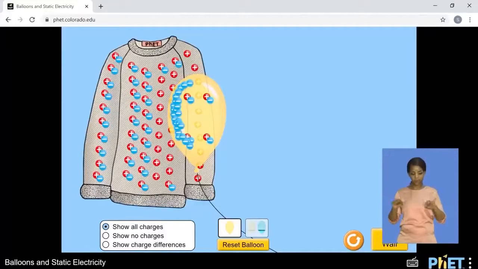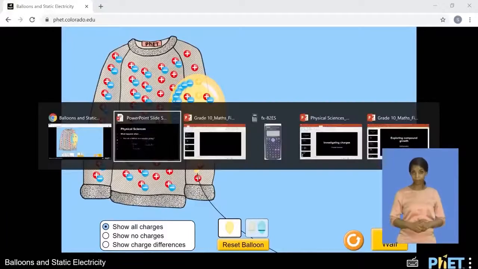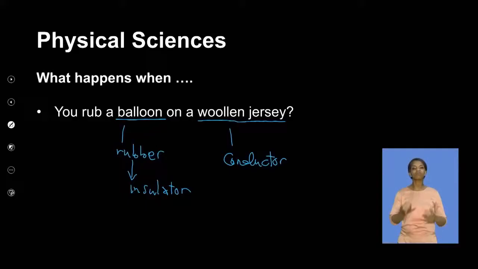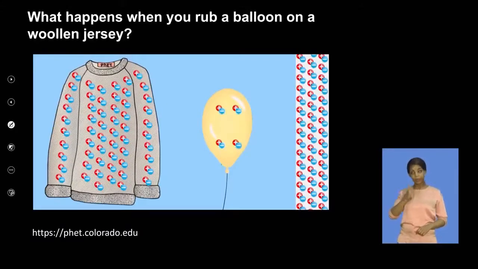Right, moving along, we would also want to look at a scenario whereby the very same balloon and jersey is between two materials. That's your wall over there, as well as your jersey. But now we've reset everything.